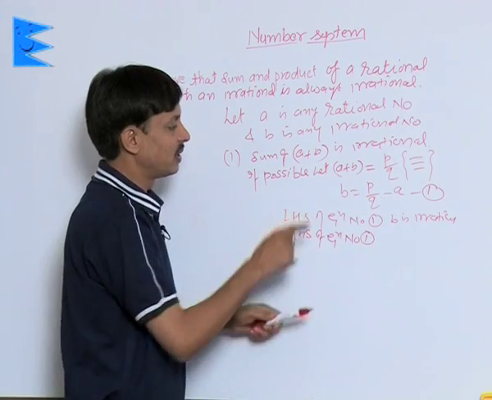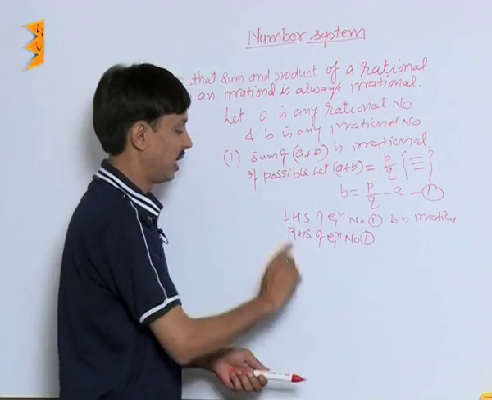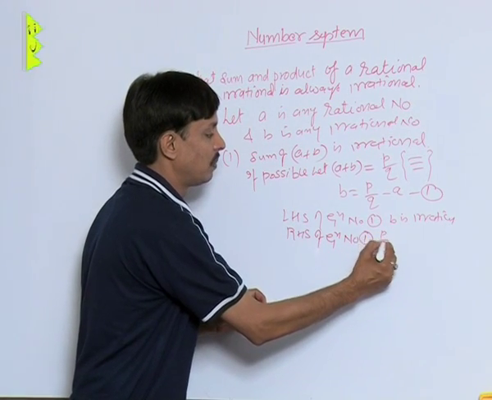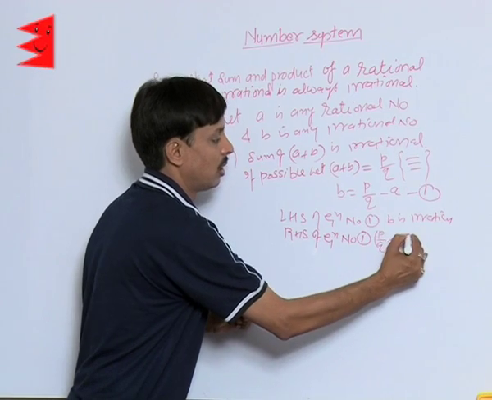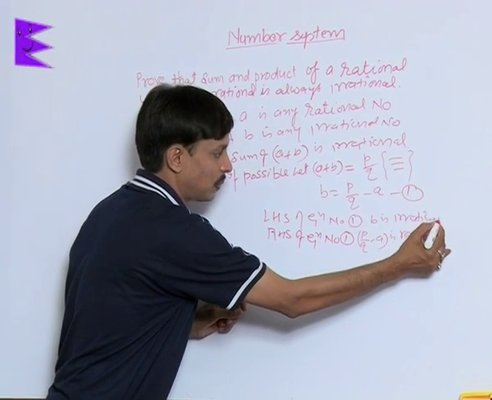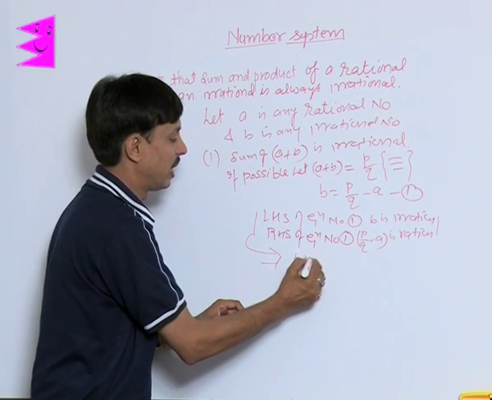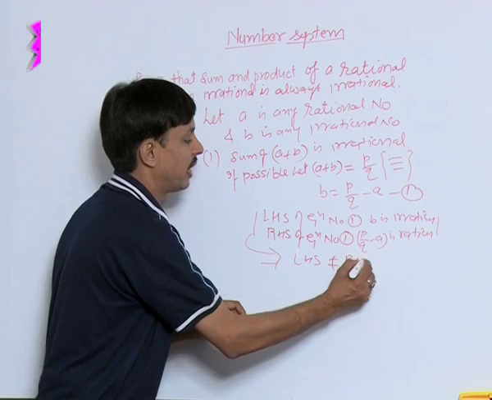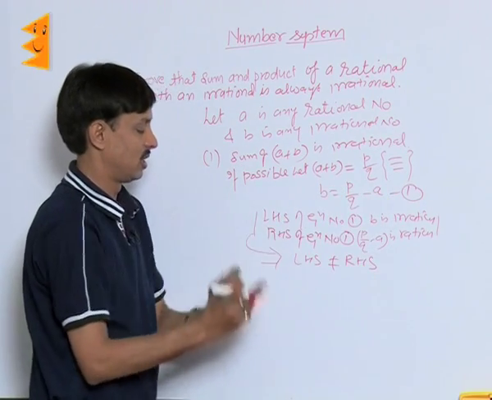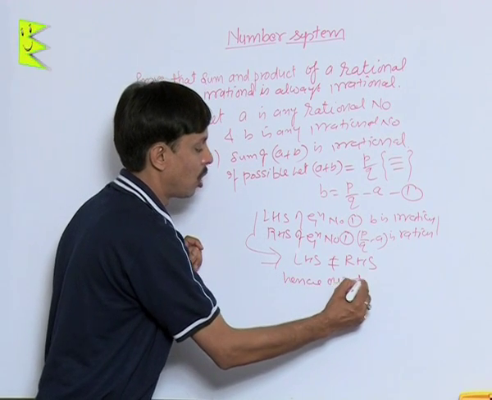The right hand side is the difference of two rationals, one is P by Q, the other is A. So the right hand side of equation number 1, that is P by Q minus A, is rational. So what conclusion comes from this discussion? This implies LHS is not equal to RHS because an irrational can never be equal to a rational. Hence, our supposition is wrong.